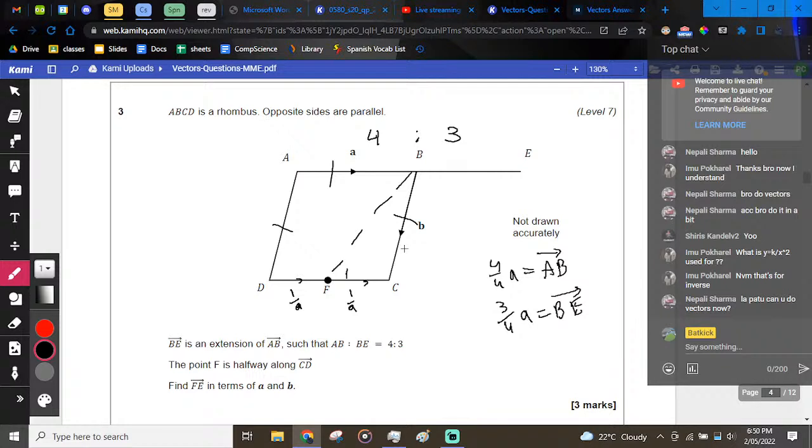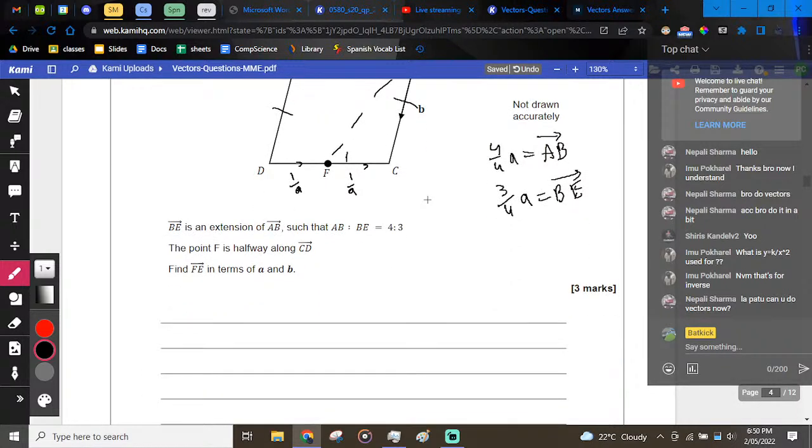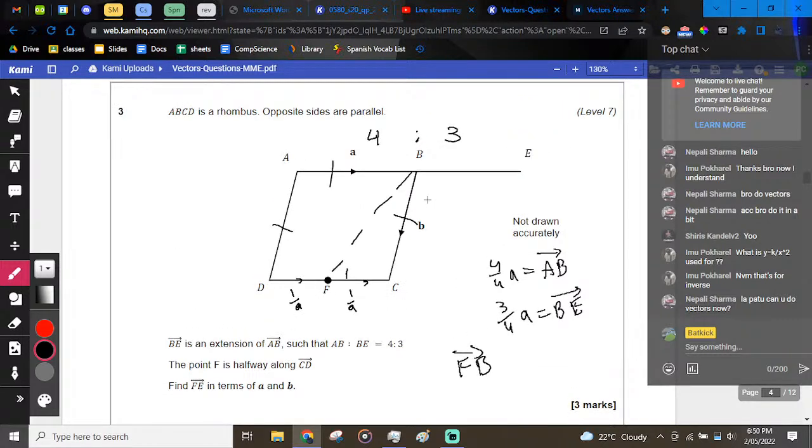What's going to be from F to B? Instead of going directly from F to E, I'm going first from F to B, then from B to E. Then I'm going to add those together to get my long vector.